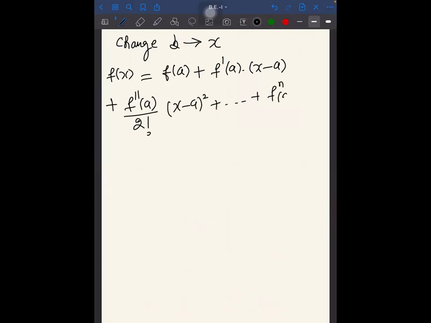Nth term derivative at a upon n factorial into x minus a raised to power n plus Rnx.